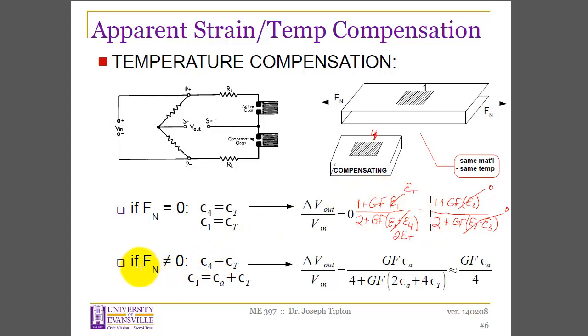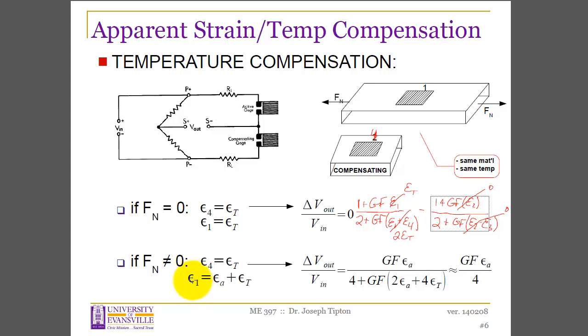Now let's look at the second case where I have a mechanical loading occurring. So the normal force is not 0. I have loading. So in that case, the strain gauge on arm 4 is going to experience just possibly temperature or apparent strain.